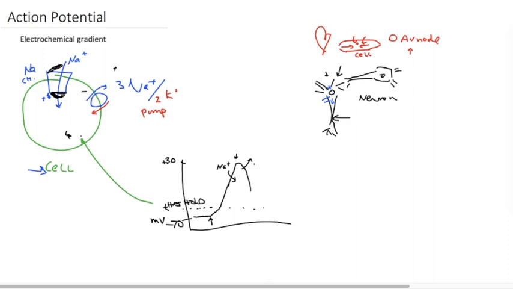And notice how I'm drawing this potassium channel going out of the cell, because now there was a potassium channel that's like, whoa, whoa, whoa. The inside of the cell got way too positive. We need an efflux, a bunch of potassium outside of the cell in order to bring this back to negative. We really want to bring this back to negative, right?